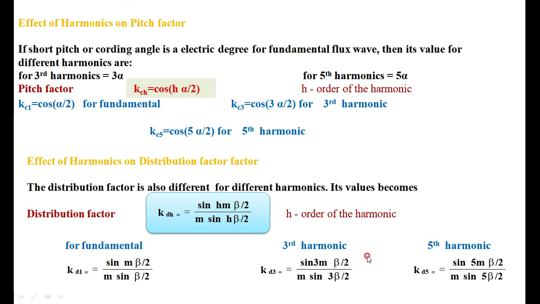For the third harmonic, h is equal to 3, so it is sin 3 m beta by 2 divided by m sin 3 beta by 2. Similarly, for the fifth harmonic, it is sin 5 m beta by 2 divided by m sin 5 beta by 2. This is how you analyze and see the effect of the harmonics on the coil span factor and the distribution factor.